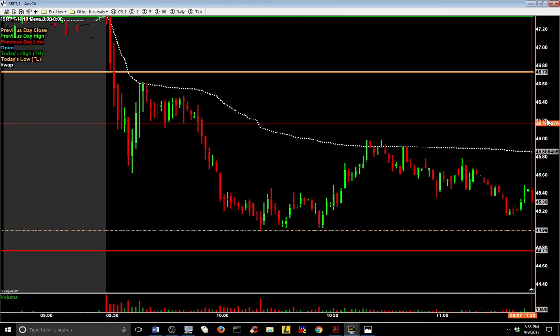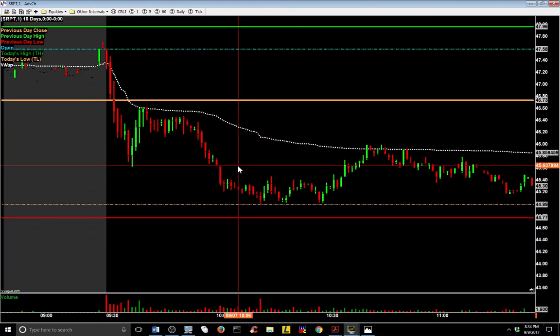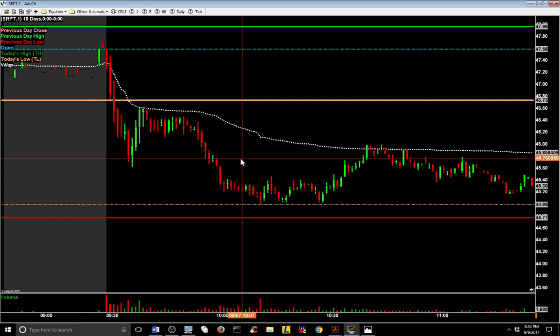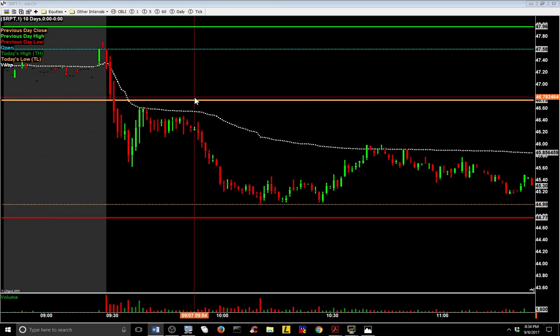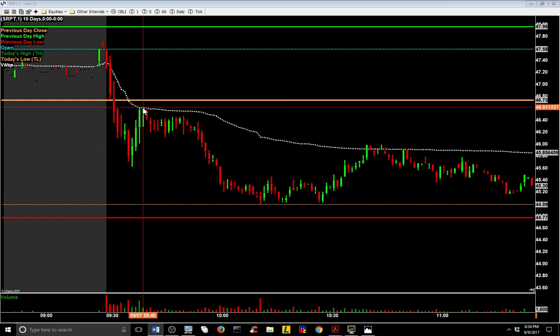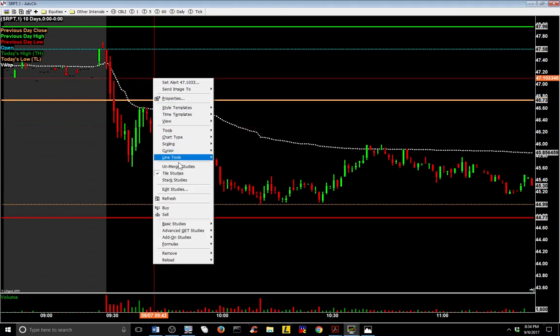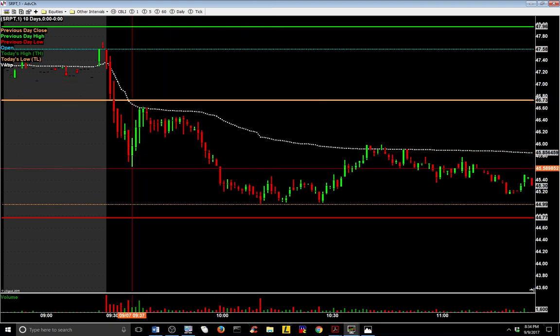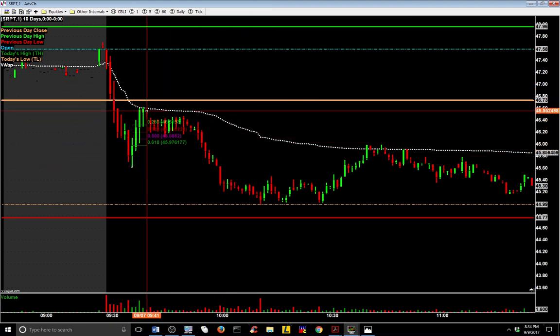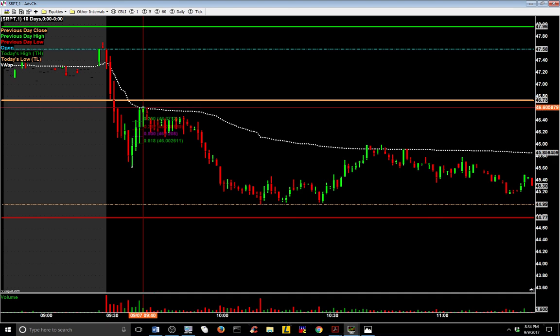We are looking at SRPT from Thursday, September 7th, 2017. I would like to review 3 possible VWAP approach trades. 9:39, VWAP touch here. Let's draw the fibs. Previous low, up to the fib.